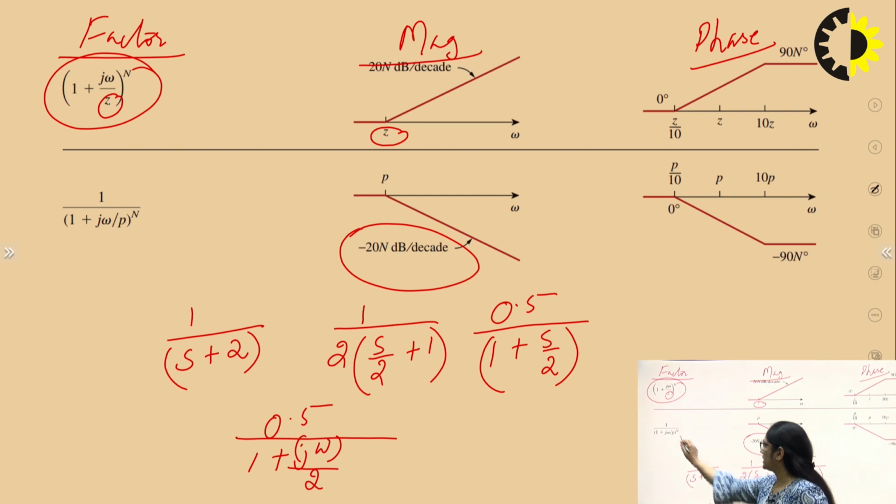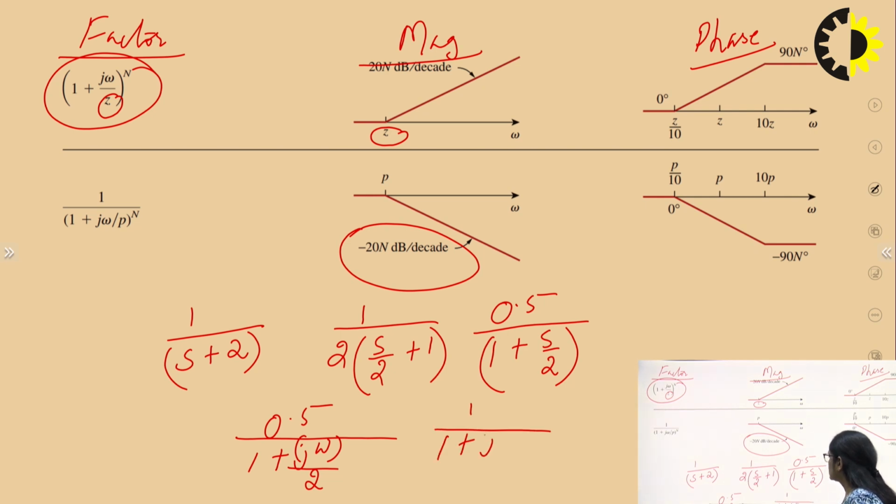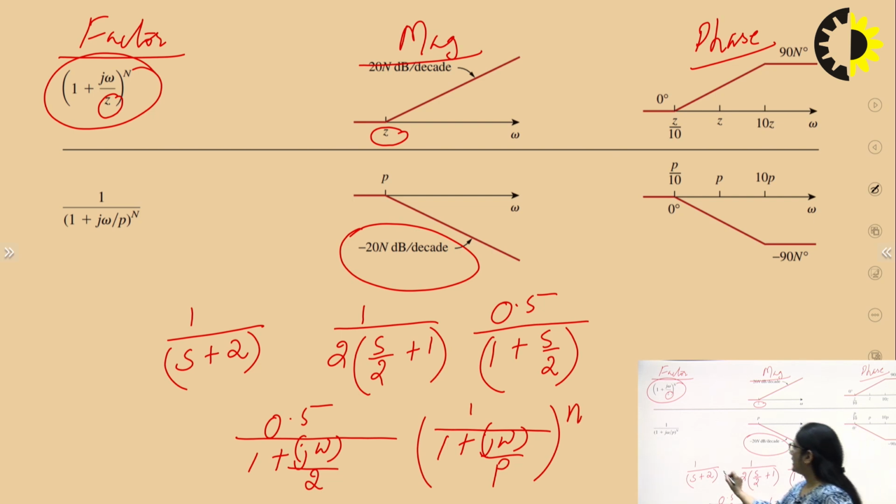So it means that my p here is, when I compare it with this, it becomes in the denominator 1 plus j omega upon p, raised to n. So we don't have any square or cube term. It means that it is simple, n is 1. So what is my p? P is basically 2.